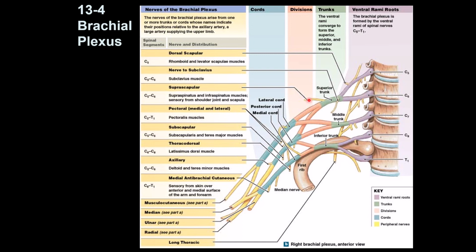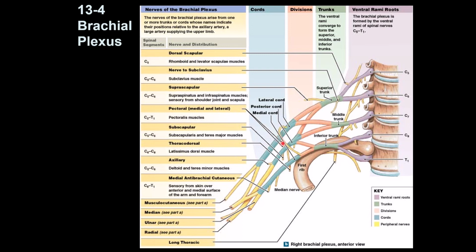This is the suprascapular nerve, and that's supplying the supraspinatus and infraspinatus and part of the shoulder joint. This one that you see is called the long thoracic. It's not written there. That is for the serratus anterior. And this area is for the pectoral nerves, so for pectoralis major and pectoralis minor.